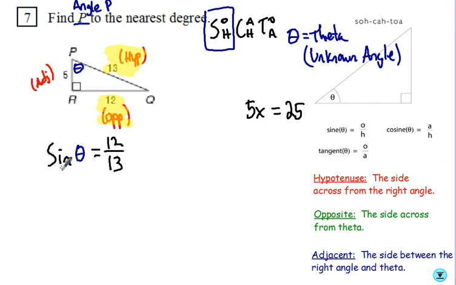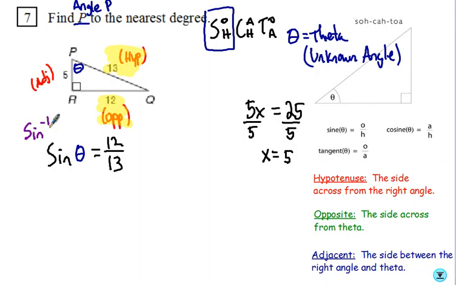How do we get rid of stuff? Well, in algebra, we do the opposite. So the opposite of multiplying is to divide. In this case, you might think, do I divide by sine? Well, sine and the angle are grouped together there. So to get rid of sine, we do the inverse, which would be sine to the negative 1.